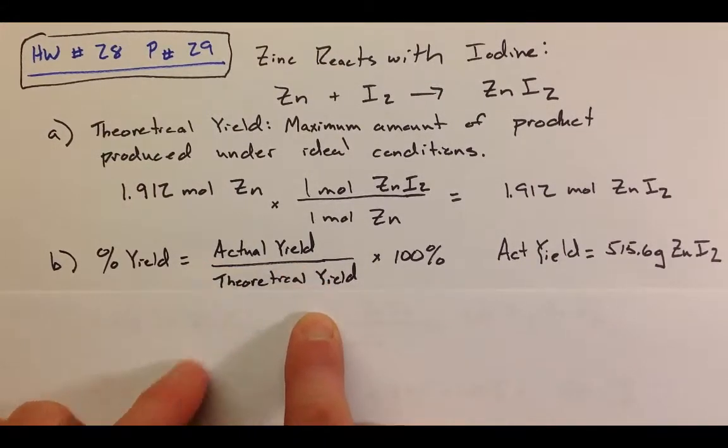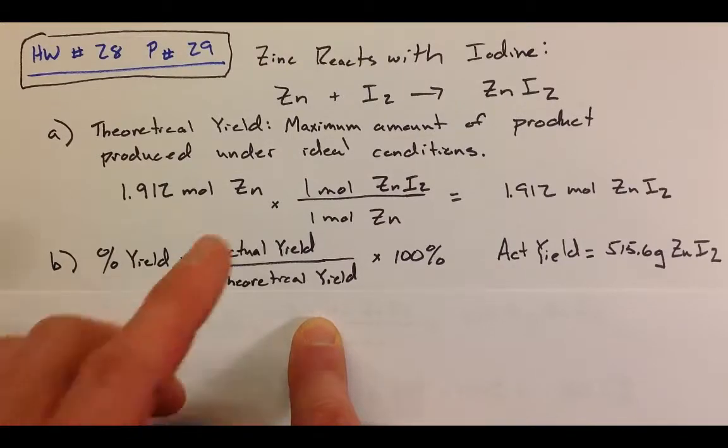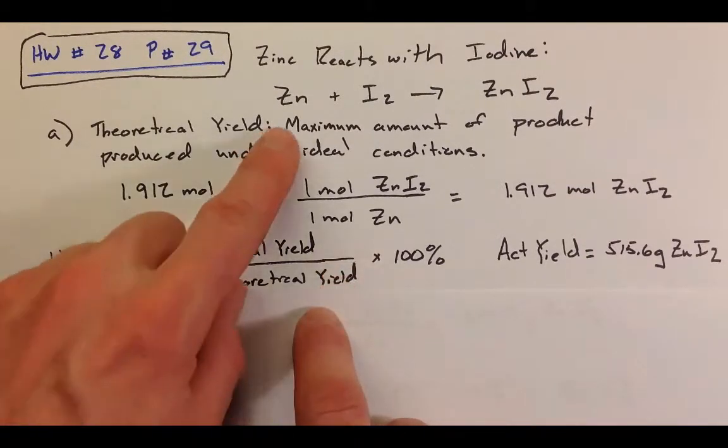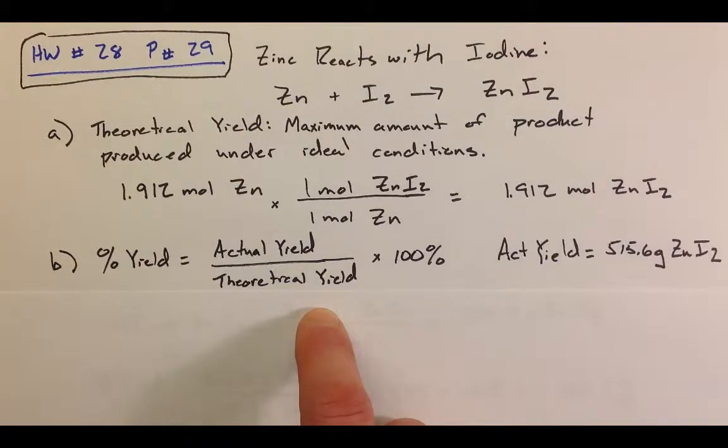We do have competing side reactions, so there's not always just one chemical reaction that takes place at any given time. Sometimes there's 2 or 3 or 4. Sometimes you lose product when you filter it. Sometimes your reactants might be impure. Maybe I got a little zinc oxide in there. It's not all zinc. Things aren't always what you think they are.